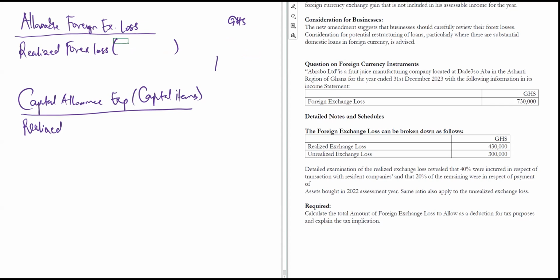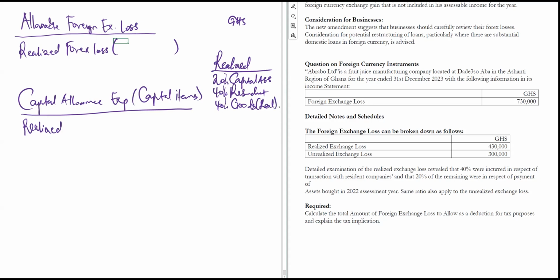So the split is like this. They are telling us that of the realized, 20% went into capital assets, production or acquisition, and 40% went into resident transactions, right? That means the remaining 40% is the actual realized transaction from goods.